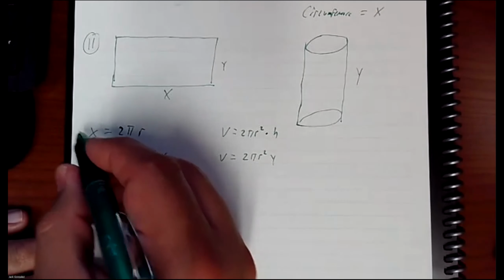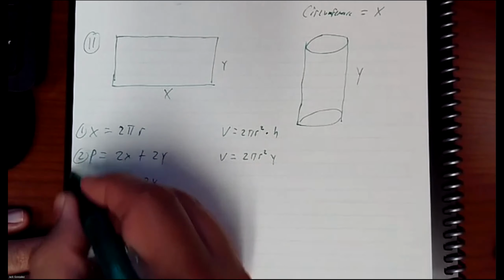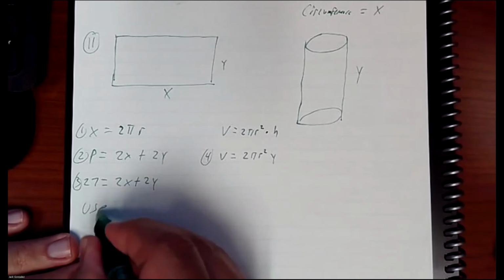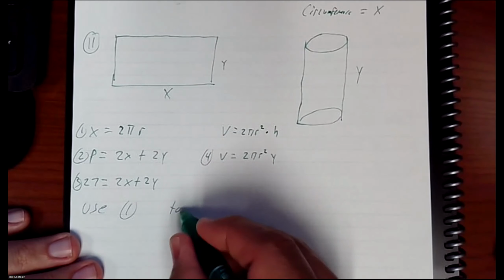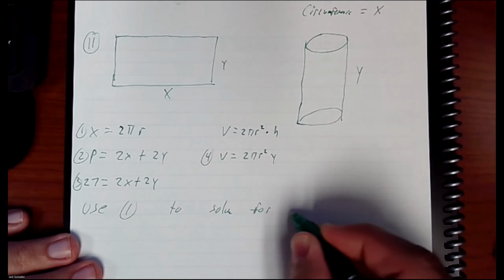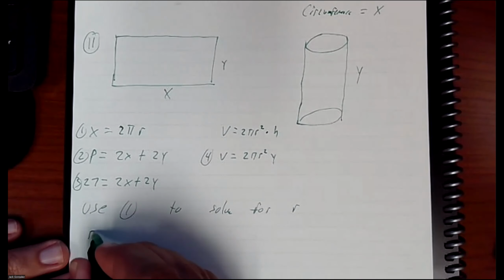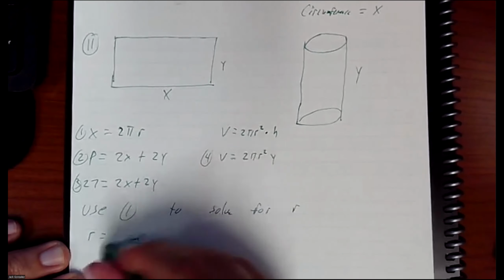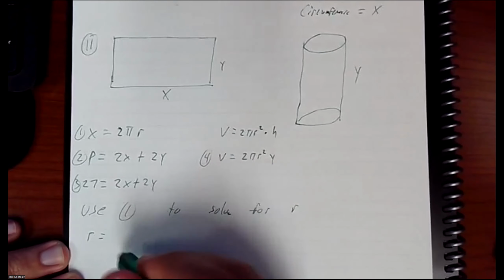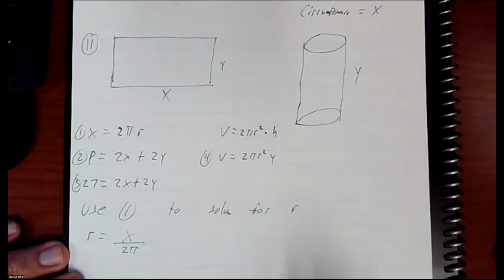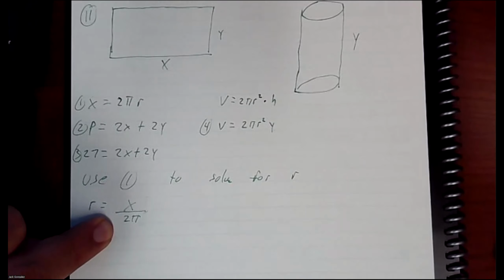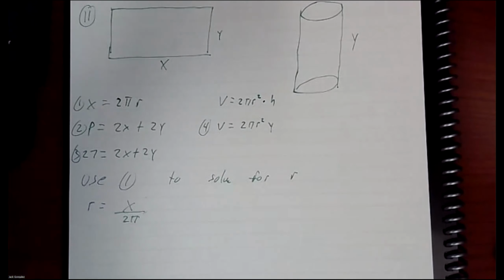So what we could do, let's call these 1, 2, 3, 4. Use 1 to solve for r. So that would give us r equal to x divided by 2 pi. Divide both sides by 2 pi, gets you to here. No more radius stuff.